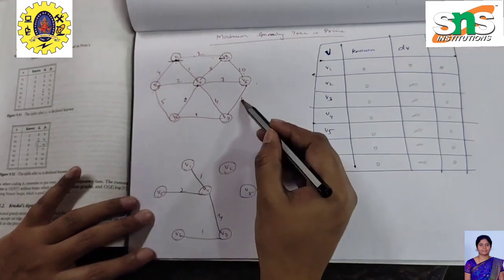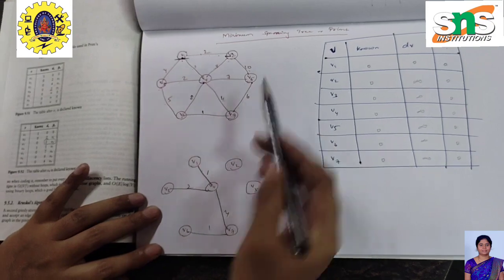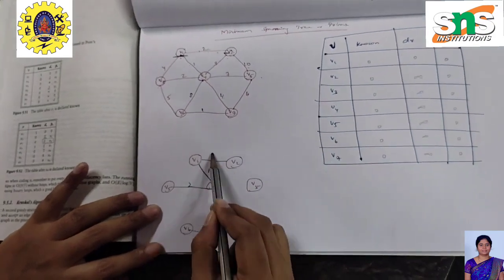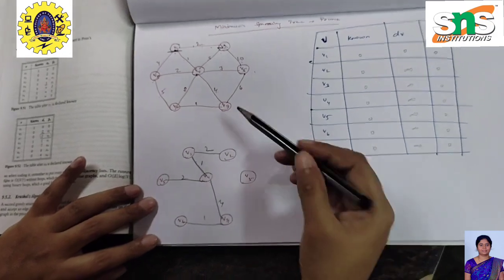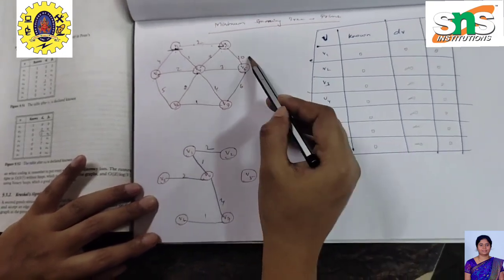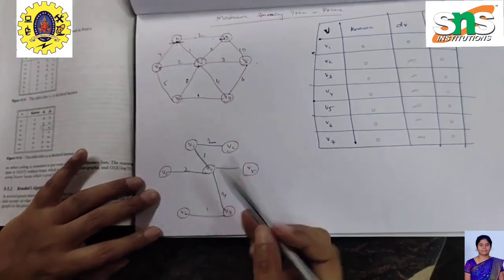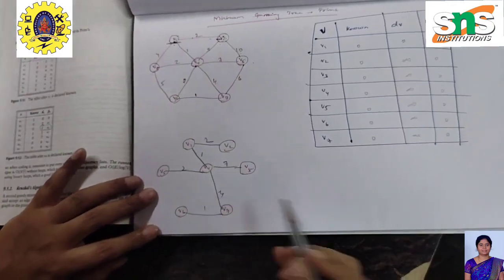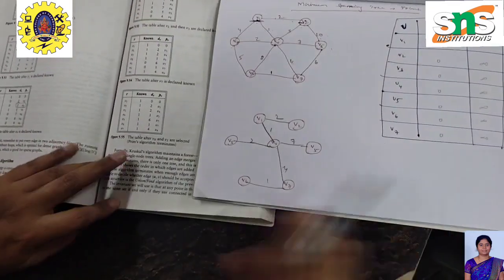This is already visited. To visit V5, compared to this line it is 10 and here it is 1, so this will be the lesser value, so visited V7. So now I have visited all the nodes, just as your table is updated.